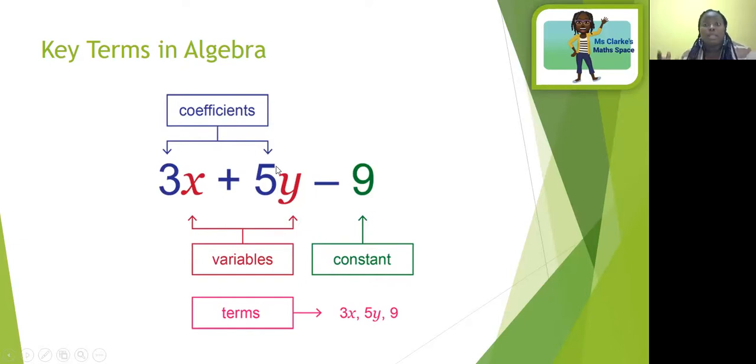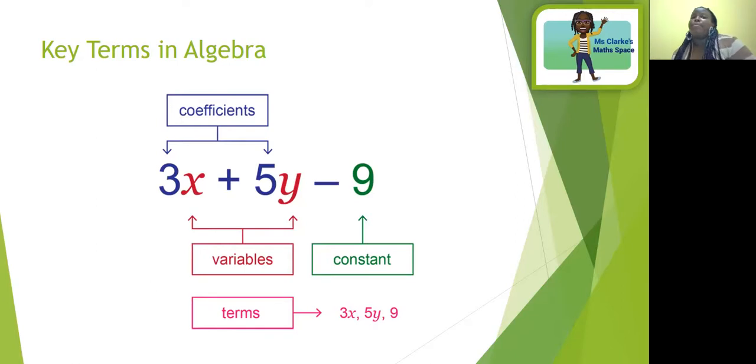And then in between the terms, we see a plus sign or minus sign. And we see some mathematical operations happening there. And when we see that, this is what is called an algebraic expression. An algebraic expression does not have an equal sign. When an equal sign comes into place, it becomes an algebraic equation.